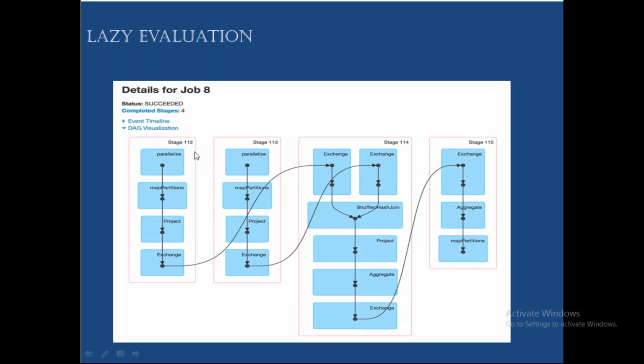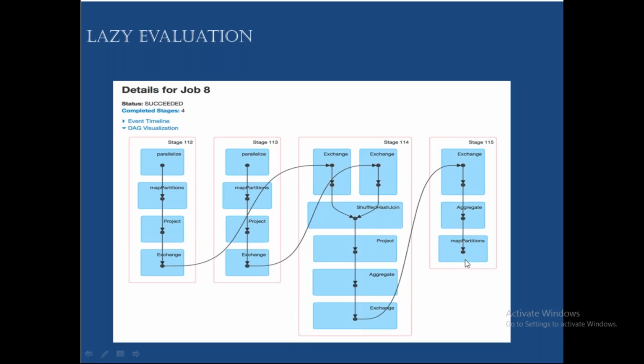It will just remember: first it needs to read the data, then transform this data, then join these two tables, then do some aggregations. Final aggregations, maybe the user wants to see that particular result. Spark will remember what it needs to do.